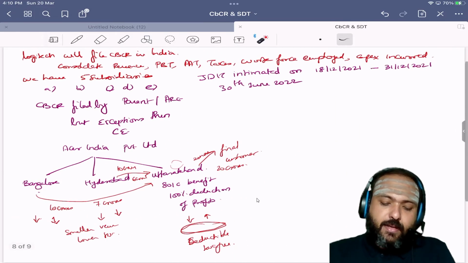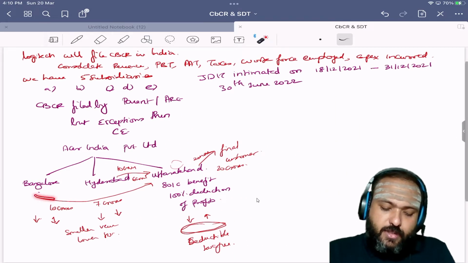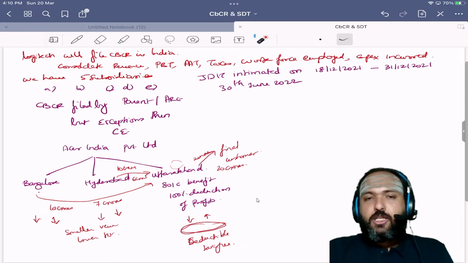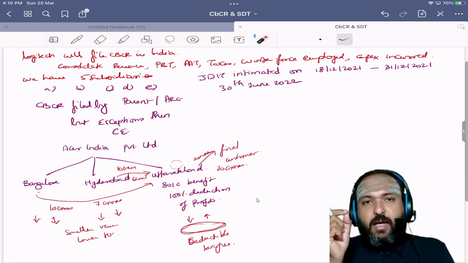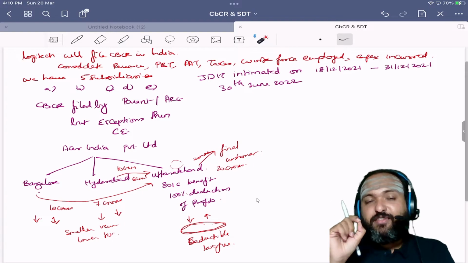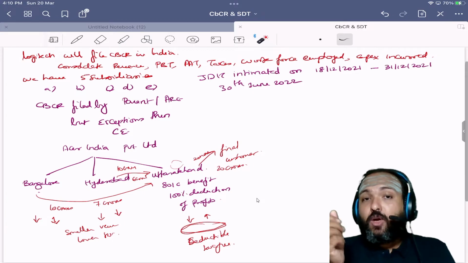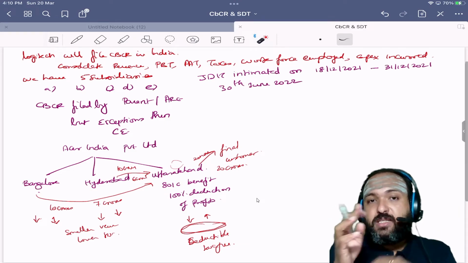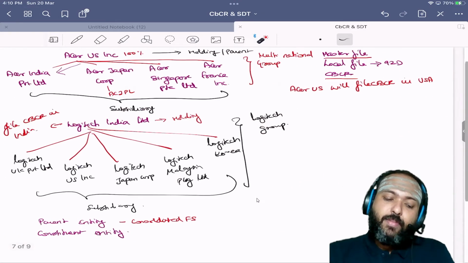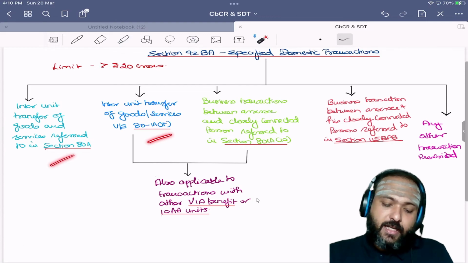This is our example, the best example. Within the company, two different units are transferring to a different unit. So where these inter-unit transfers are on account of prices which are different from the market price, and owing to the close connection between the units, this price is being altered, they will be covered under specified domestic transactions.